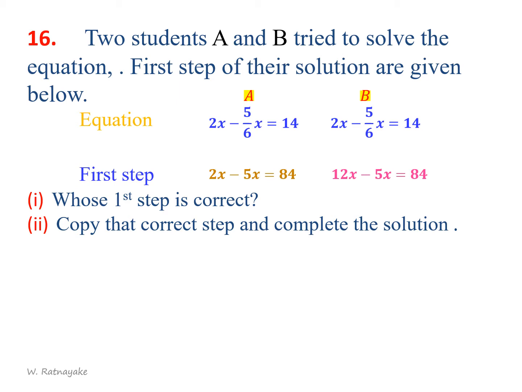Now the first step of student A has been written as 2x minus 5x equals 84, and B has written it as 12x minus 5x equals 84. Now this is an equation including fractions.